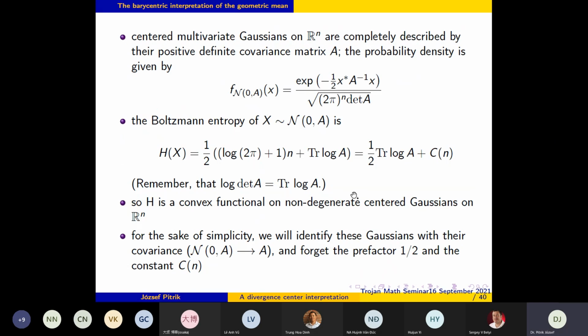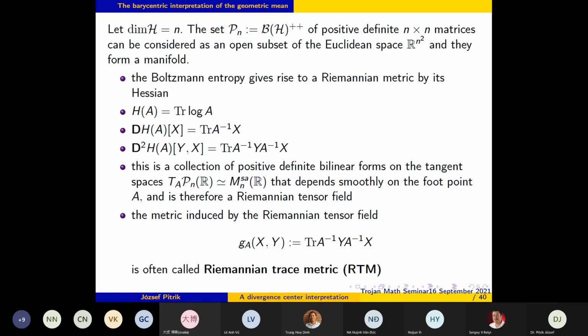Okay, for the sake of simplicity, we will identify these Gaussians with their covariance, and we will forget this prefactor half and this constant. And note that the n-by-n self-adjoint matrices equipped with the Hilbert-Schmidt inner product and the Hilbert-Schmidt norm are identified with the n-squared-dimensional Euclidean space.